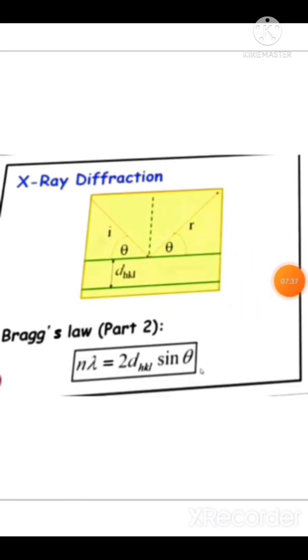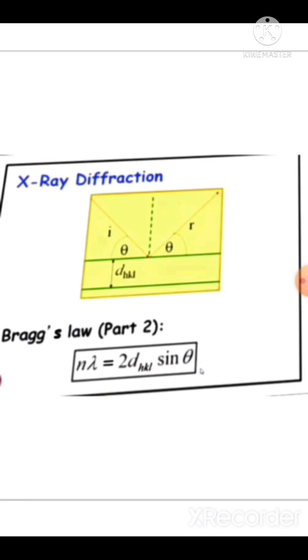Look at this diagram carefully. In this diagram we have clearly shown that nλ = 2d sinθ is called Bragg's law equation, where λ represents the wavelength of the incident beam, d represents the interplanar spacing between the two lattice points, and θ represents the angle of diffraction.